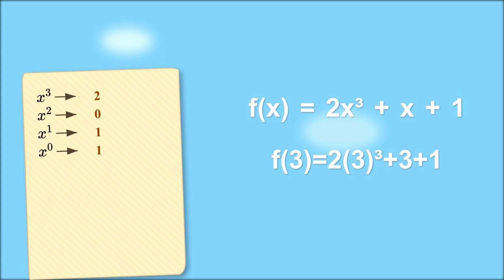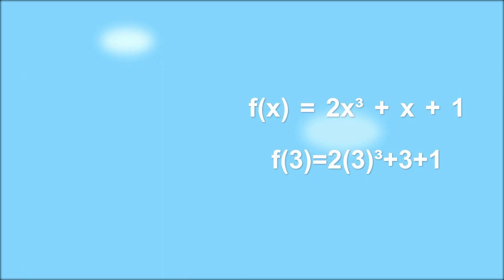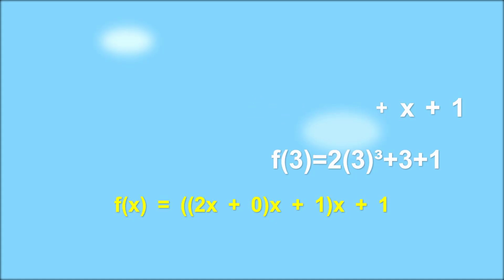When you see this polynomial, we would restructure it and add brackets to it. So it's going to look like 2x plus 0. So we compute this first part, and then we add 0, because the coefficient that represents x is 0.